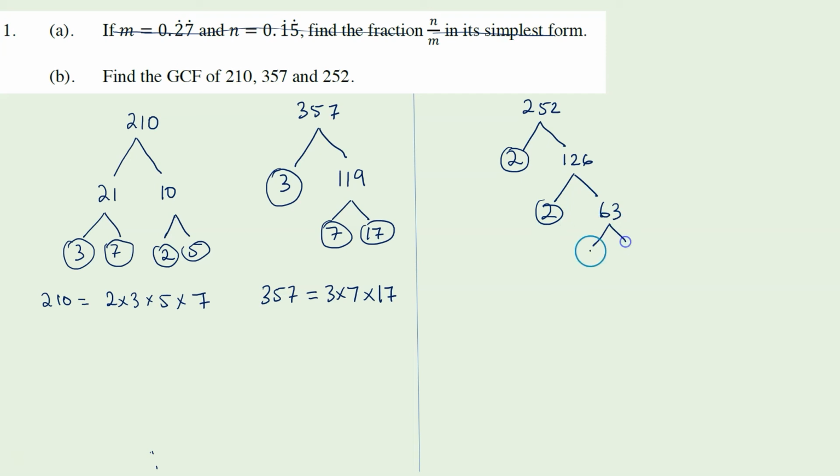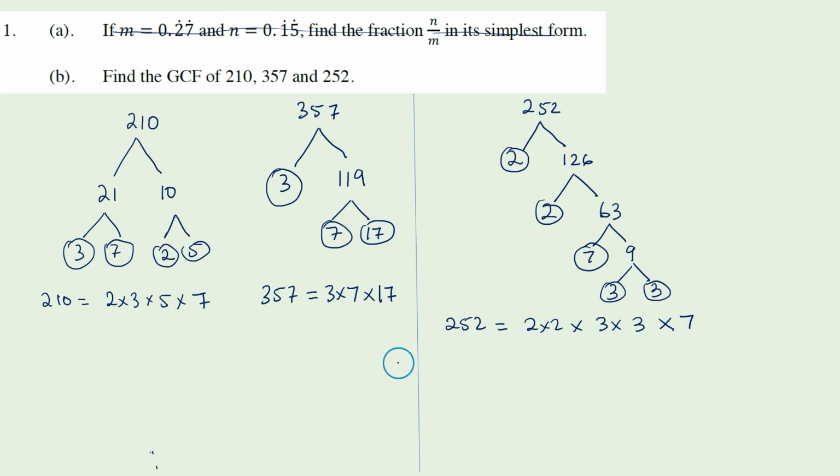And then I have 7 times 9. So the prime number is circled. And then 9 is not a prime number, which gives me 3 times 3. These are prime numbers. So 252 is going to be equal to 2 times 2 times 3 times 3 times 7.